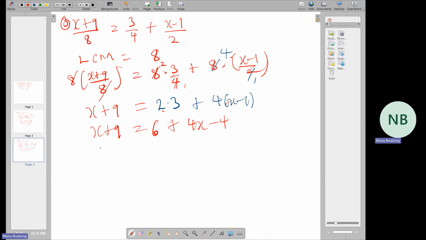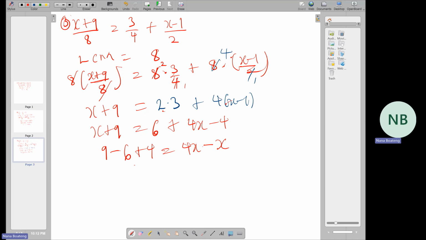So that gets us 9 minus 6 plus 4 is equal to 4x minus x. 9 minus 6 is 3, plus 4 is 7.